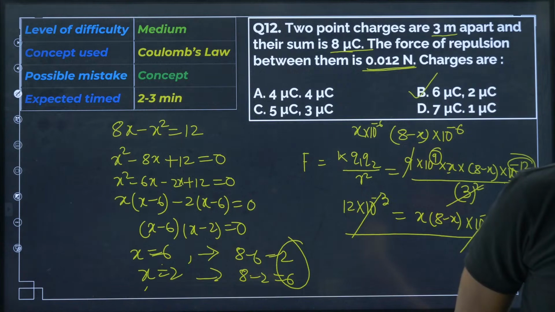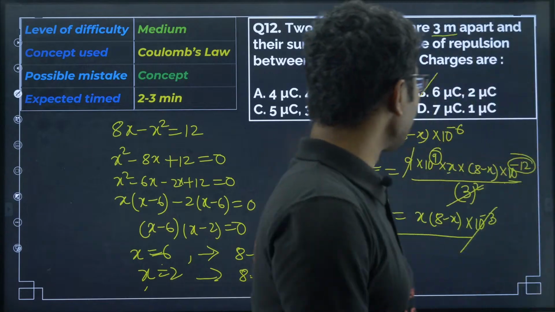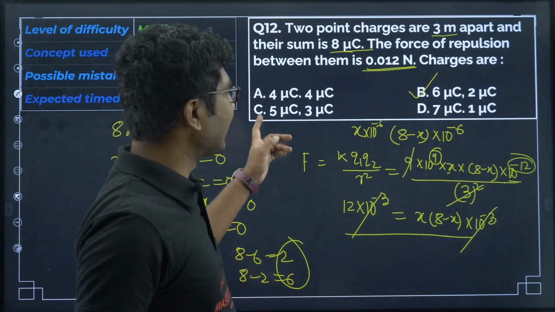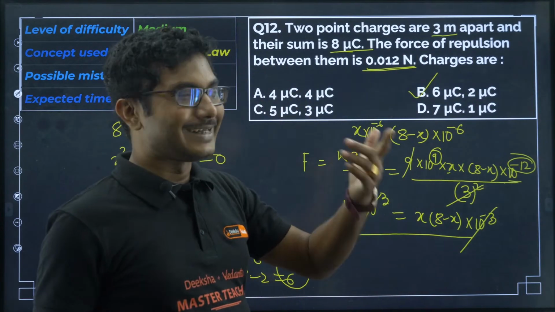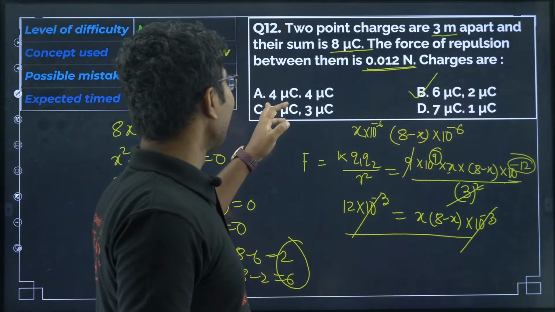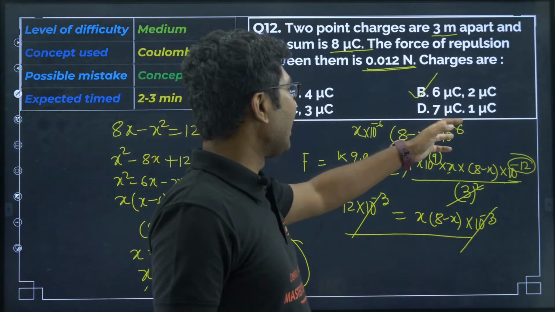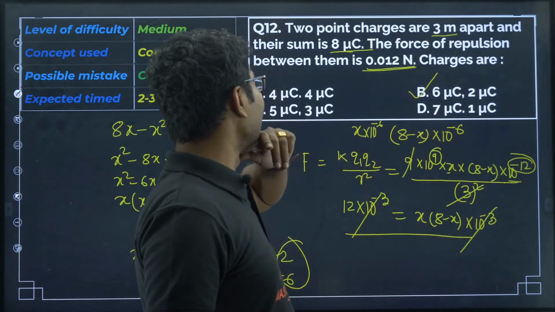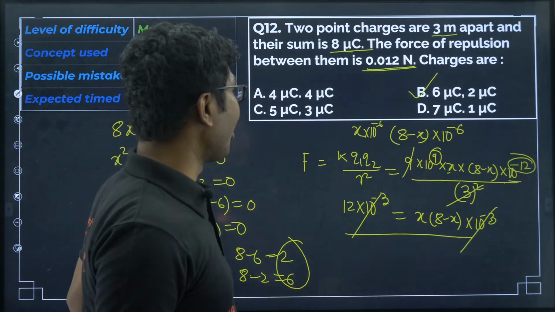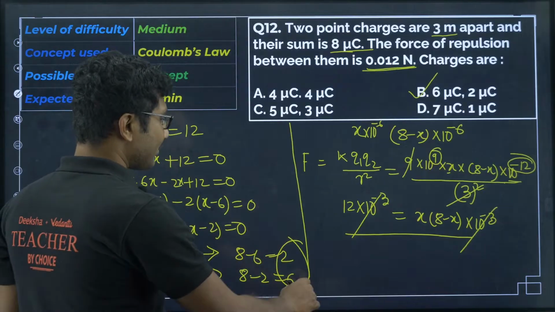You can solve it directly by adding the charges given in the options. That is also possible. See, if you just do that, 4 plus 4 is 8, 6 plus 2 is also 8, 5 plus 3 is 8, but if you just multiply them, that is one of the options.